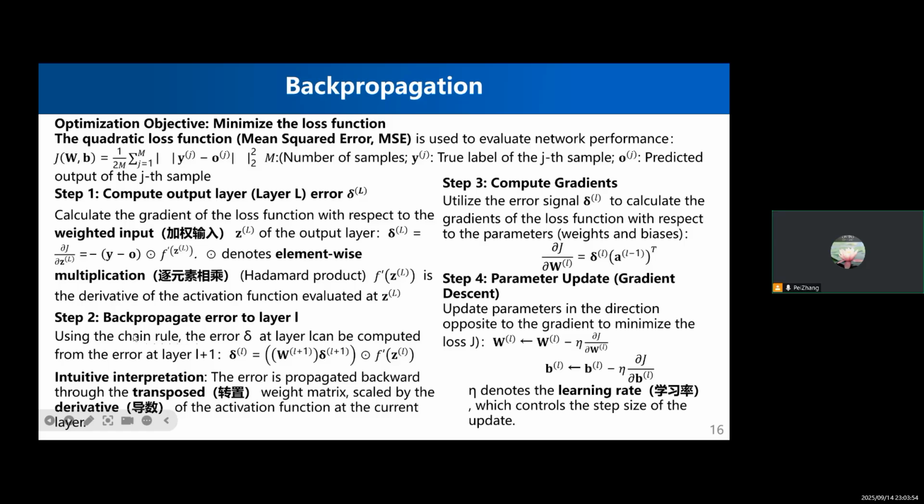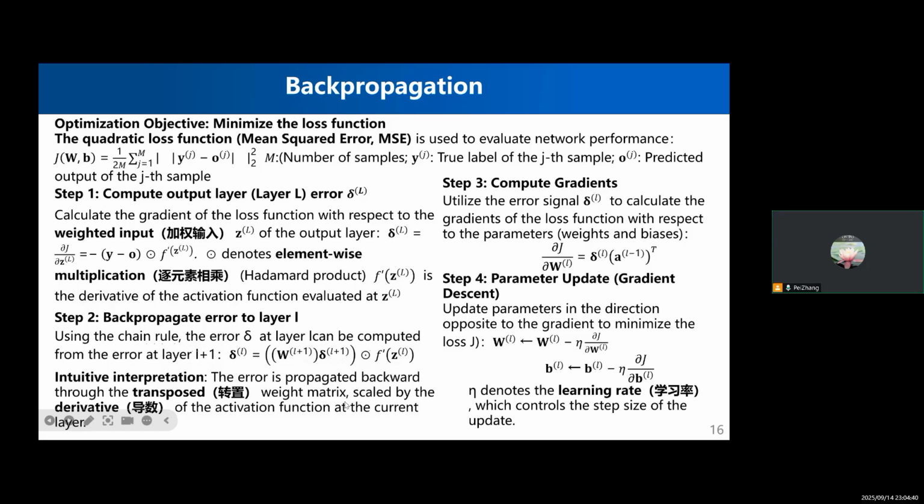The second step is called backpropagating the error to the layer L. Using the chain rule, the error at layer L can be computed from the error of layer L plus 1, which is: the error of layer L is equal to the weight of L plus 1 multiplied by the error at level L plus 1, with element-wise multiplication by the partial derivatives of the activation function with respect to ZL.